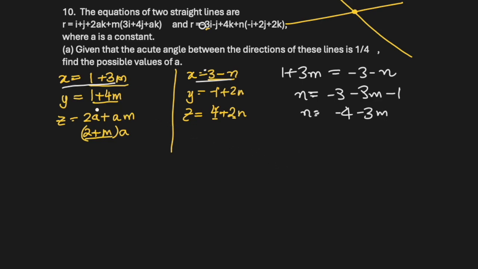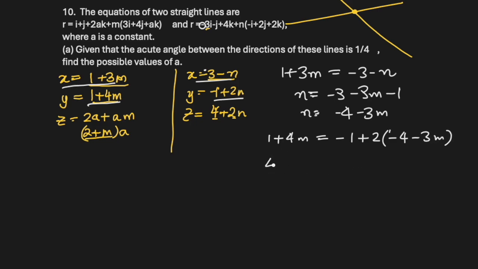Okay, now we'll use it in this second one. So 1 plus 4m should be equal to minus 1 plus 2n, and n is this, so 2 times minus 4 minus 3m.